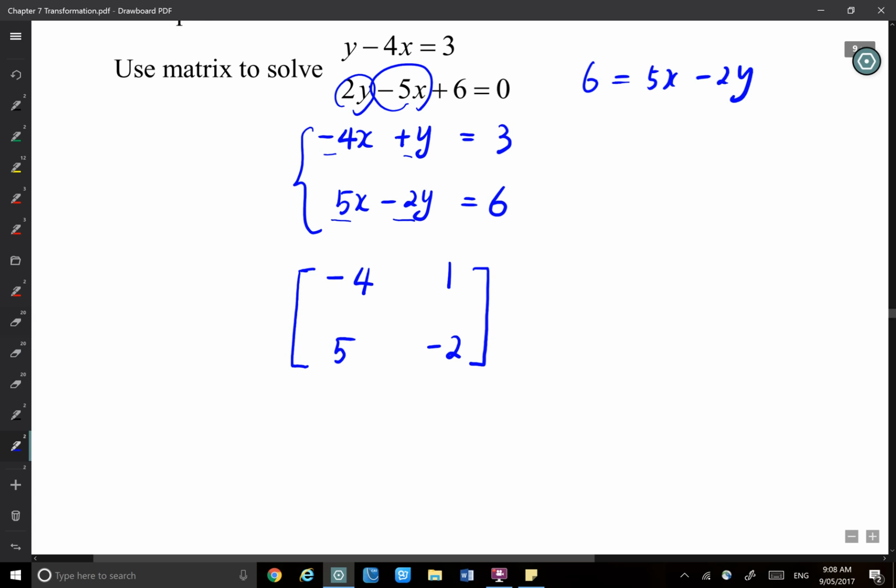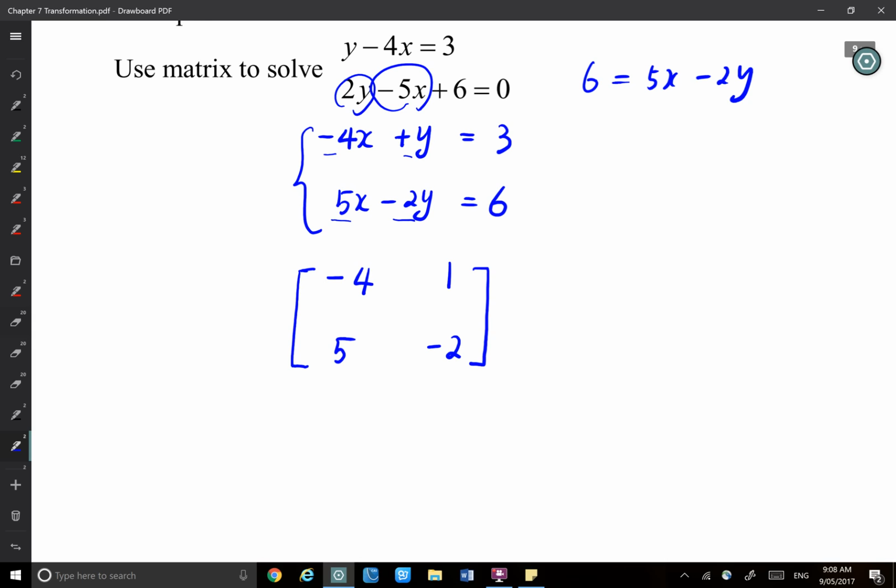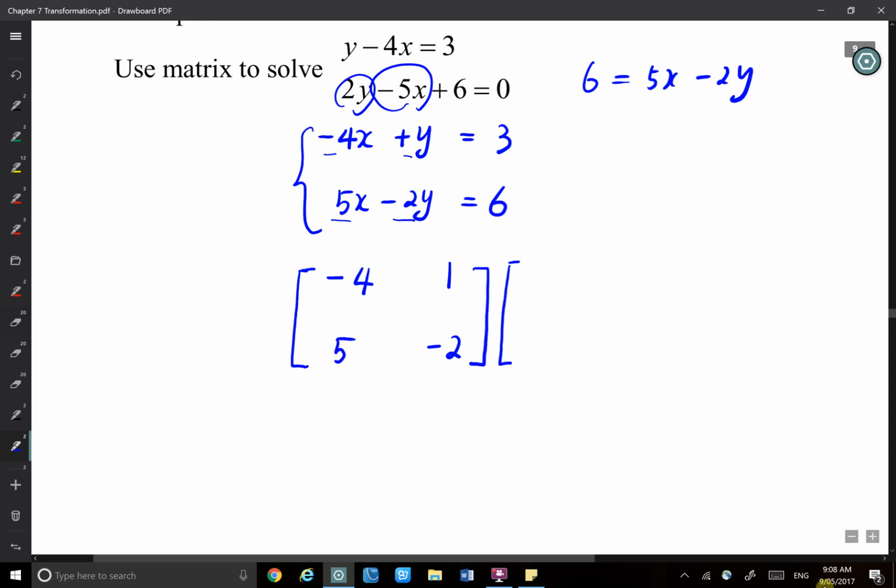You can see that's already a square. Just take off the xy. What you are left with is minus 4, 1, 5, minus 2. And then you times the column matrix xy, and that equals to 3, 6. Okay, that's how you set up this matrix.